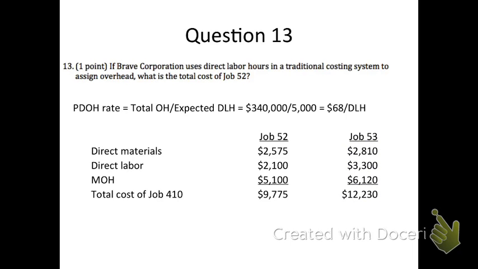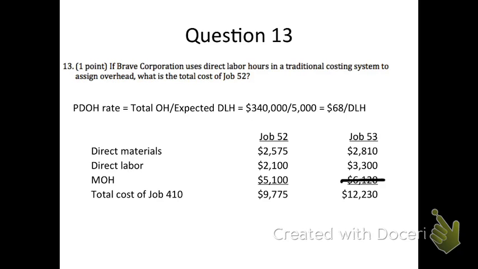We can actually do the same for job 53, except I made a mistake. This isn't 6,120. Let me correct my slide here, I'll have to go back and fix it.